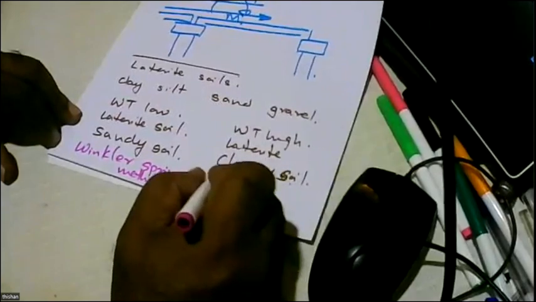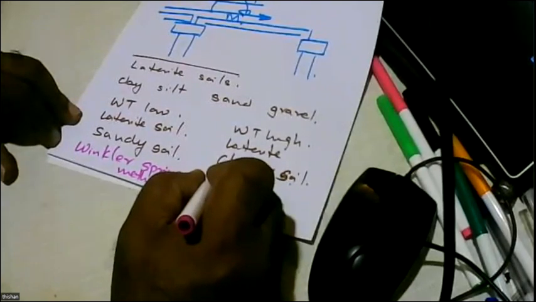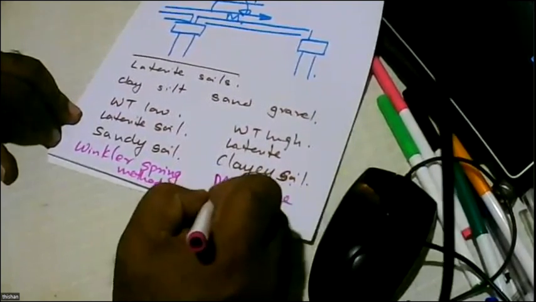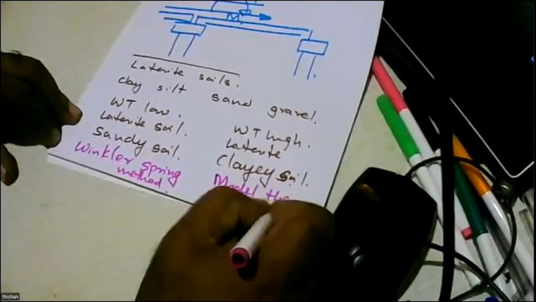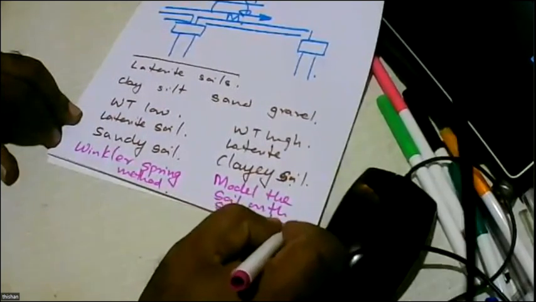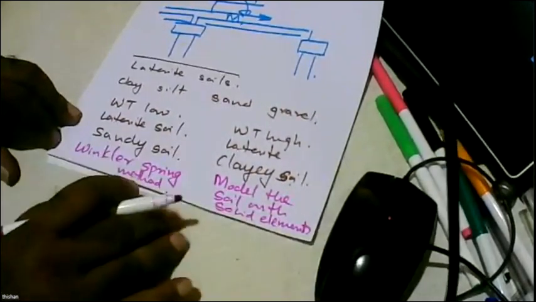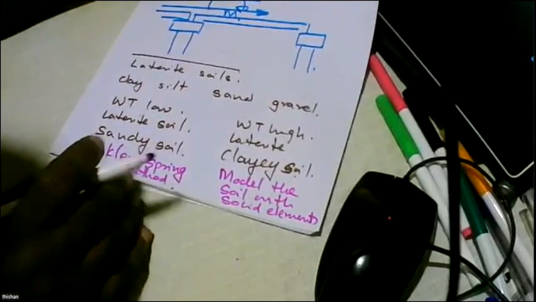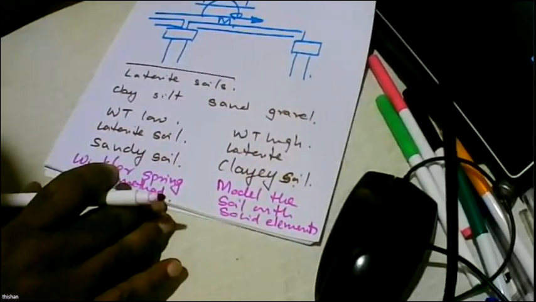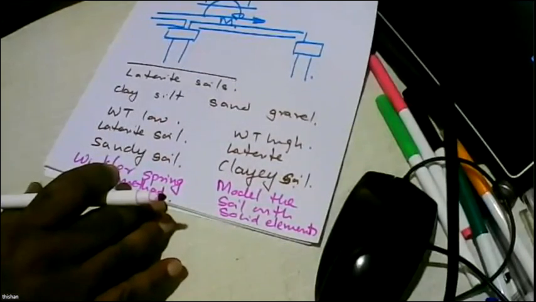When you have clay soil, we can model the soil with solid elements. So I'm going to show you the kind of theory that you should know to undertake this kind of modeling.